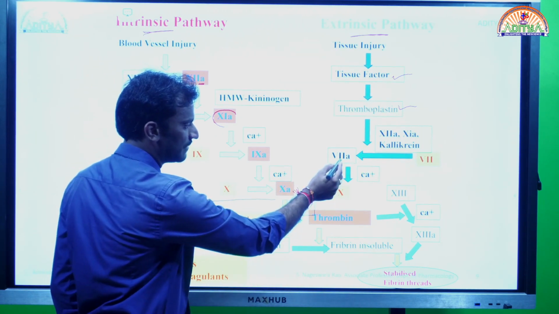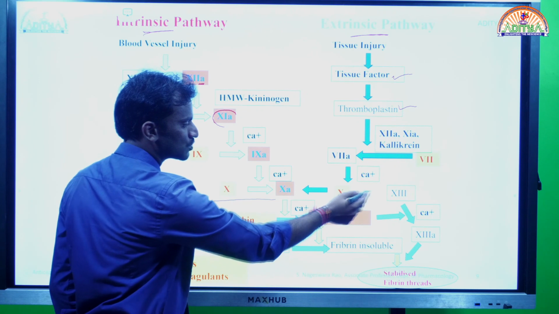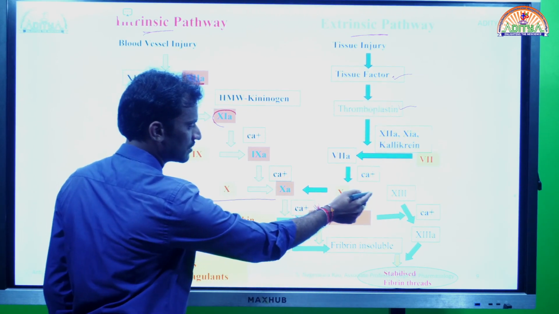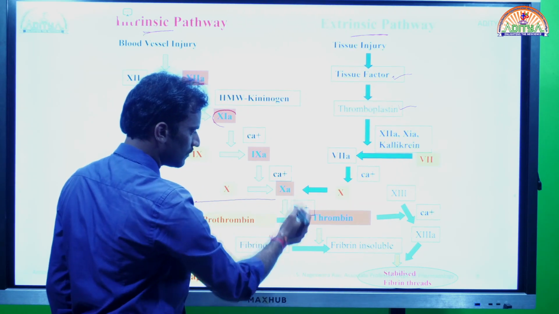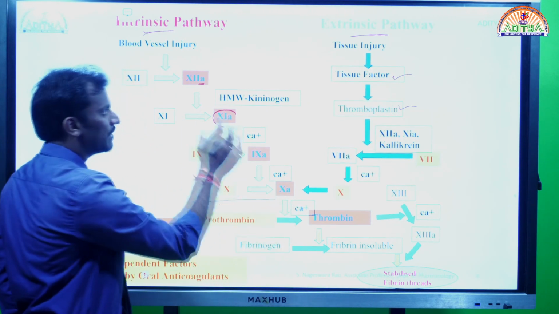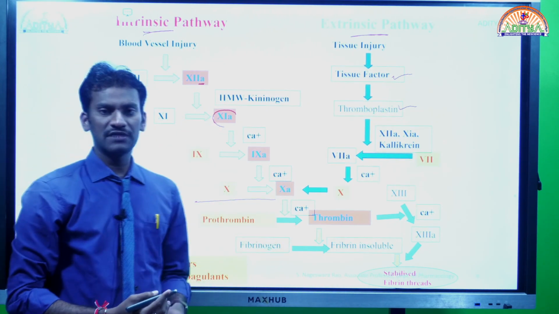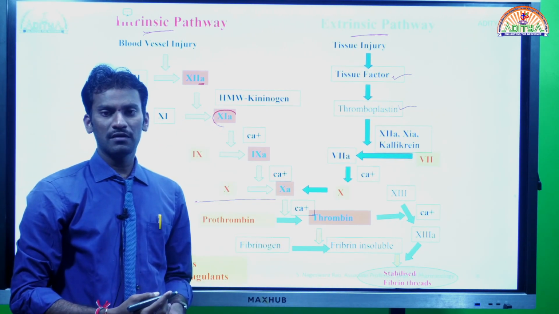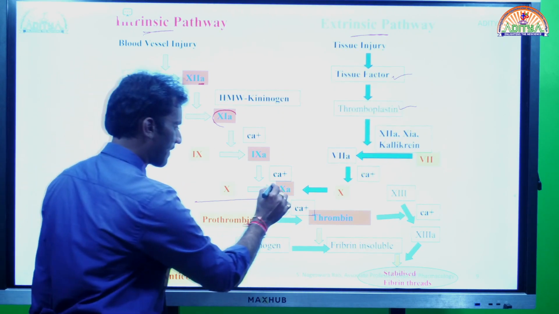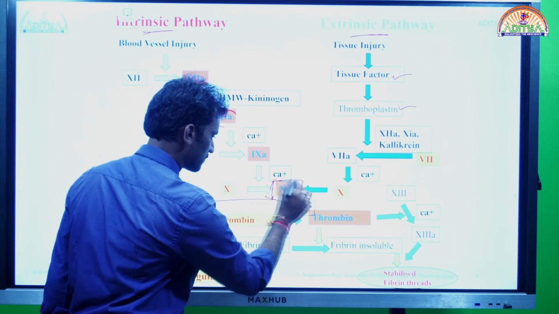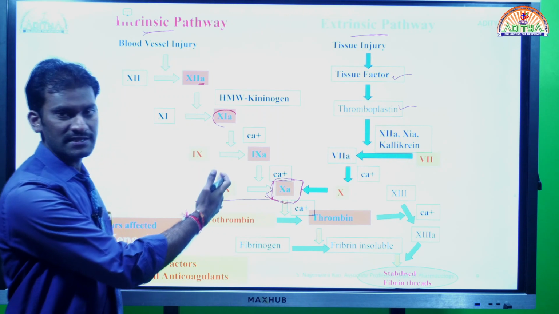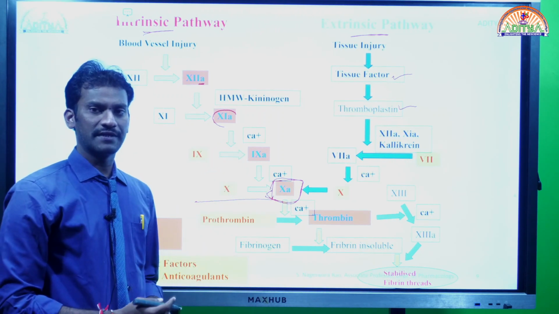Next, 12A acts as a coenzyme, so that it will convert 10 to 10A. Finally, both intrinsic and extrinsic pathways result in the common activated factor, 10A. Up to here, both pathways are different.